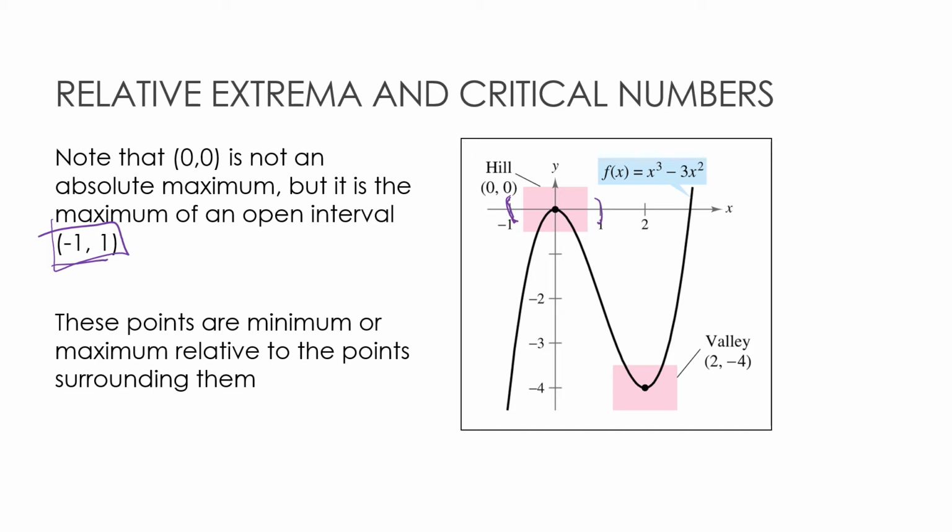We're just saying, hey, if I have some sort of neighborhood around my point, it's the largest. Or if I have some sort of neighborhood around my point here, it's the least. So you get the idea that right now, before we look at it mathematically, all we're doing is looking at our graphs and saying, hey, look, there's a peak here, or there's a valley here.